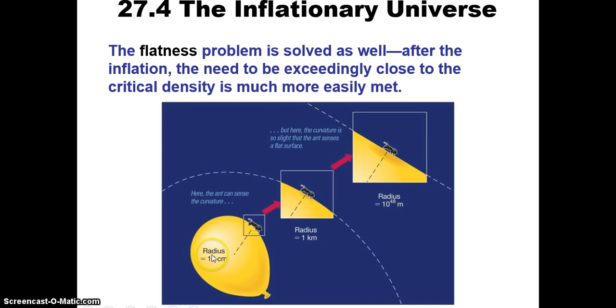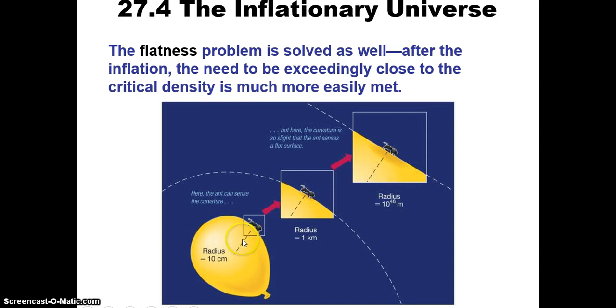But if the balloon, which represents the universe, is blown up 10 to the 50th times in a really short amount of time, the ant, which is still the same size, will roughly see that the universe appears locally, and even in any direction the ant looks, relatively flat.